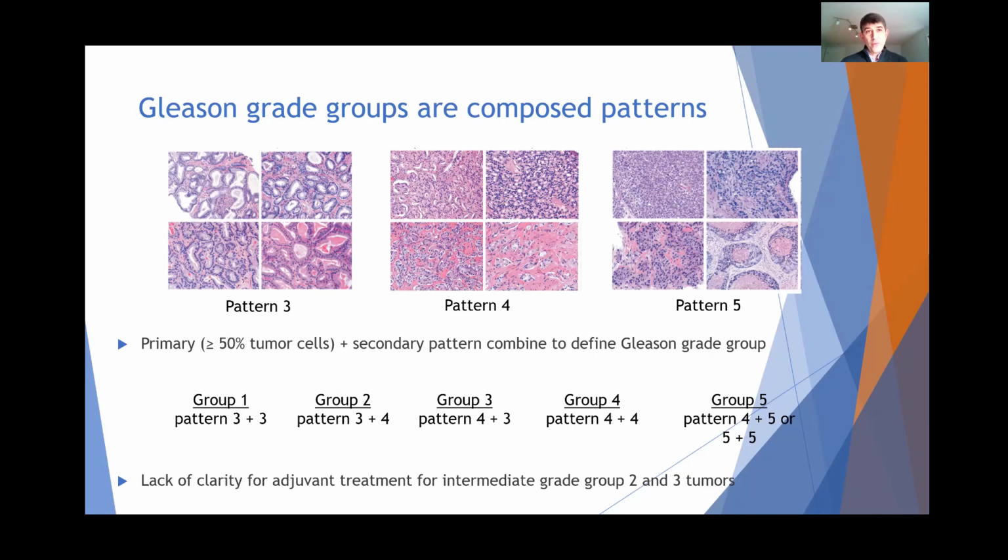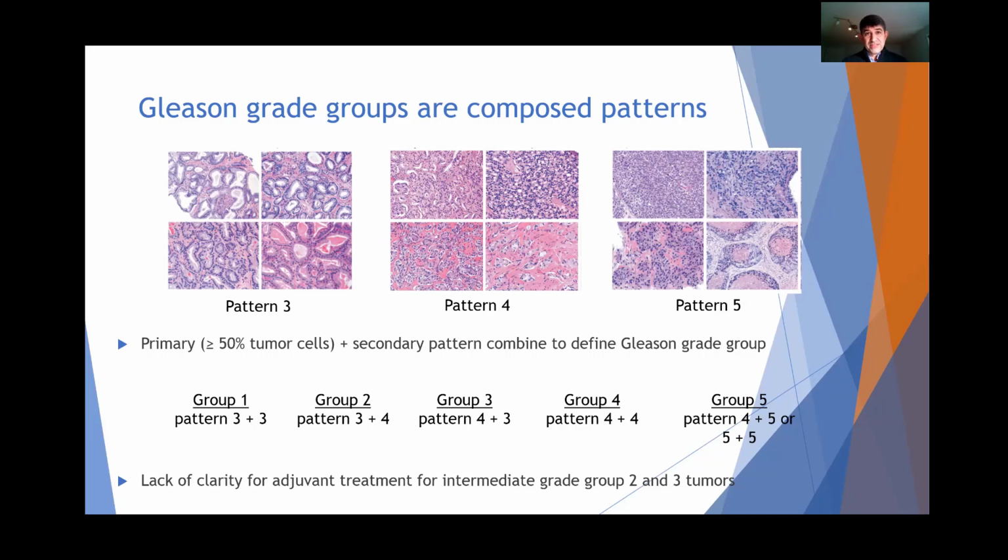In Gleason pattern 4, that structure starts to disappear with poorly formed or fused glands present. And then Gleason pattern 5 is a complete lack of glandular structure, with or without necrosis and with or without poorly formed or fused glands.